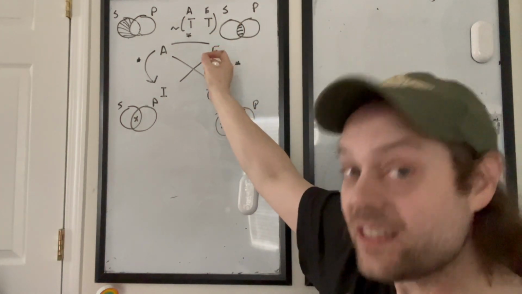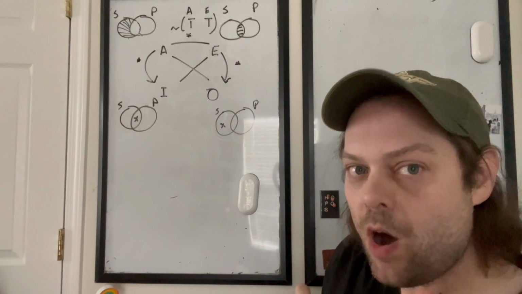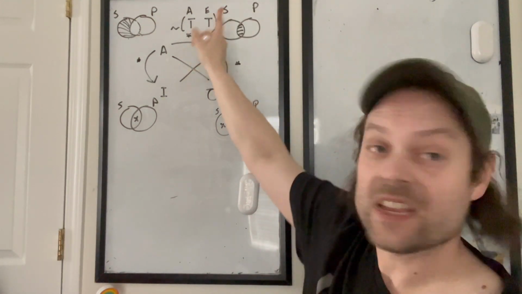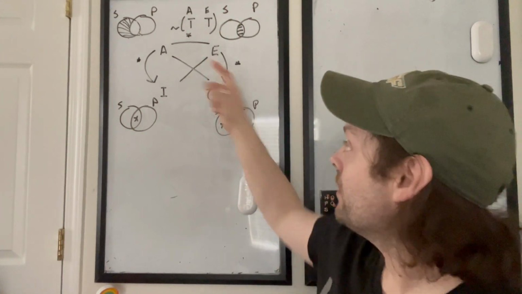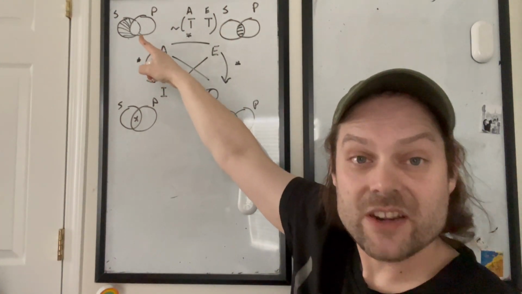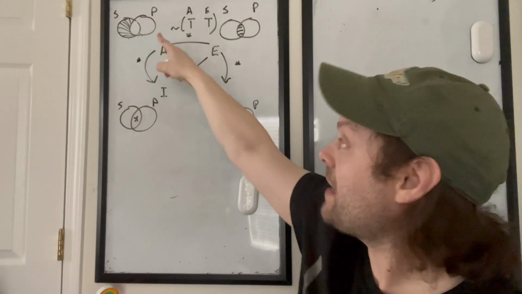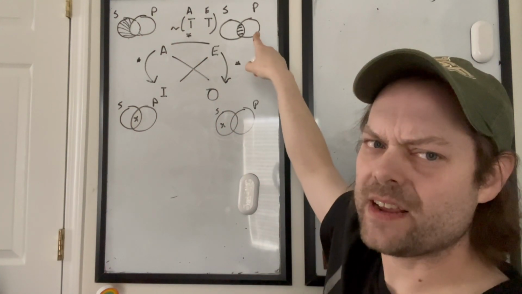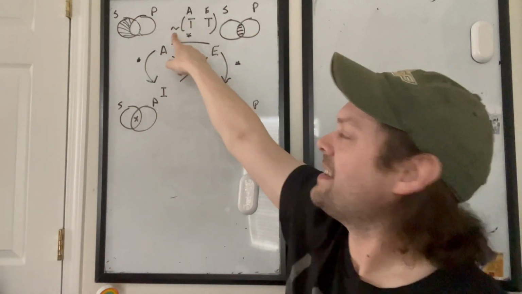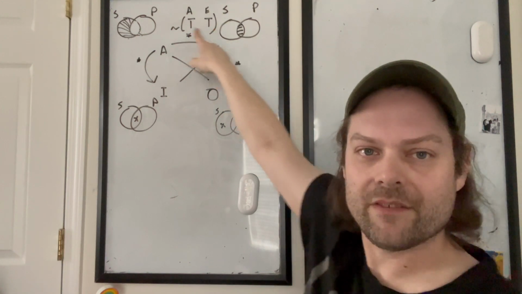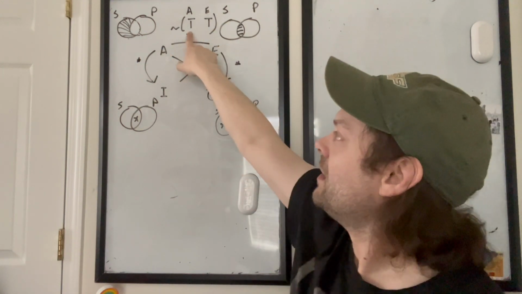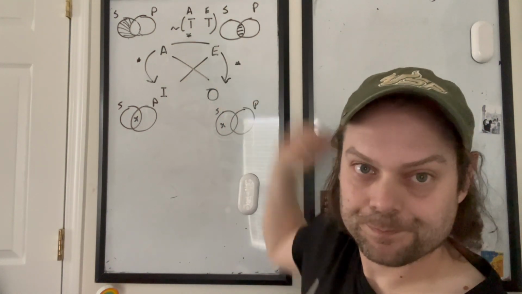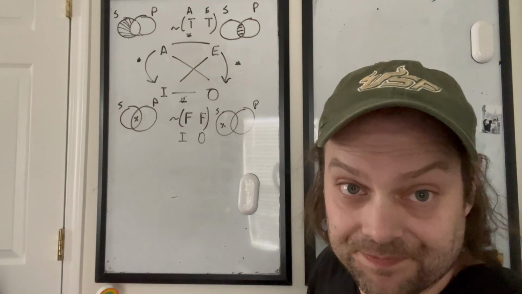But if there's at least one S and at least one P, if we're not dealing with empty categories, then if we know that all S are P is true, then no S are P has to be false, right? We're never going to have both of these statements be true when we're assuming existential import, when we're dealing with categories that aren't empty.